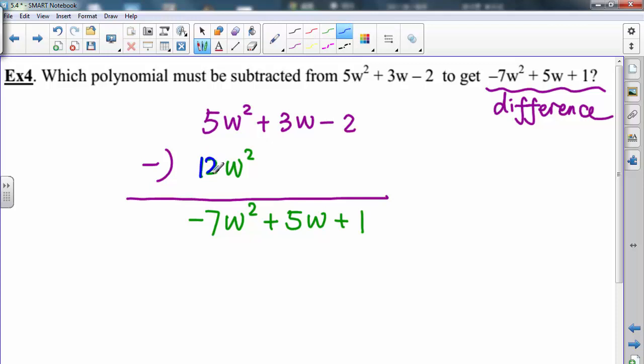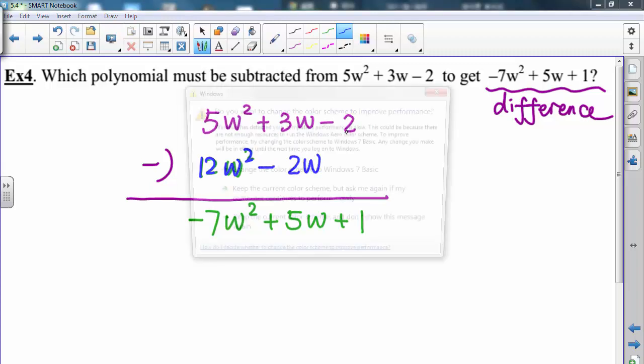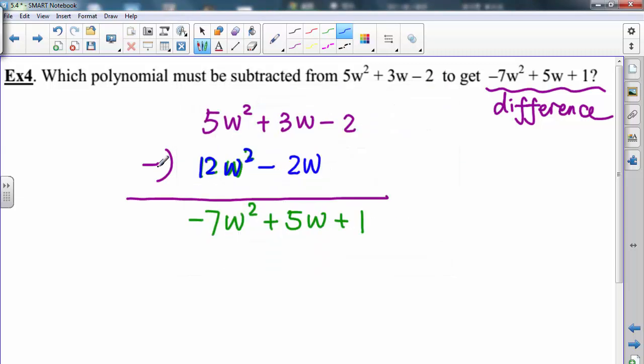So the second polynomial starts with 12w squared. Positive 3 minus positive 5, minus 2w. Negative 2 minus positive 1, it's minus 3.